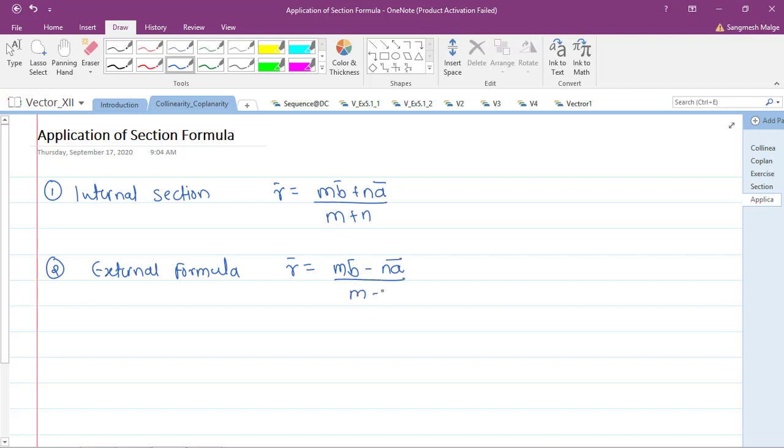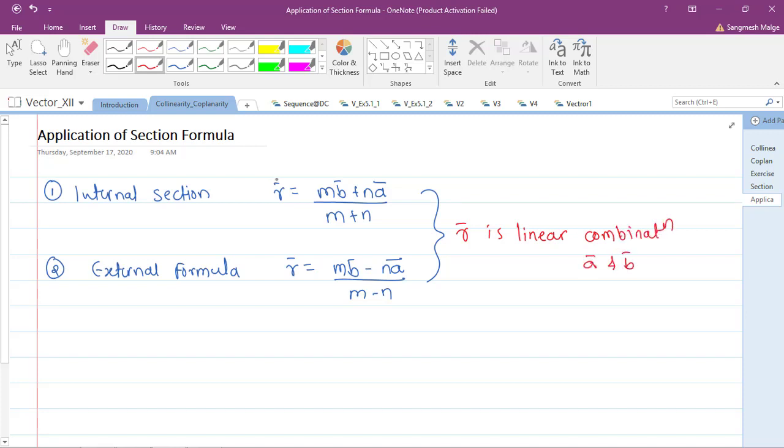M minus N. Now if you make use of the first section where we have studied the collinearity and coplanarity of vectors, in both cases what you can observe is R bar is a linear combination of A bar and B bar.